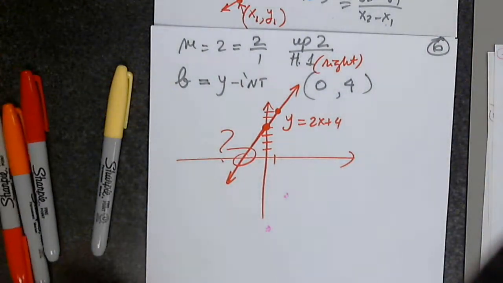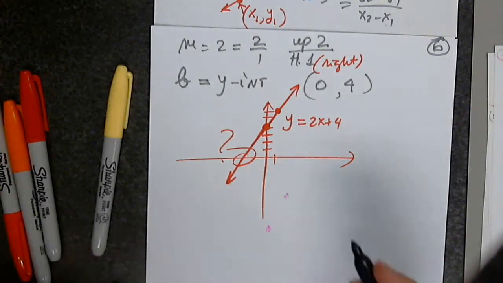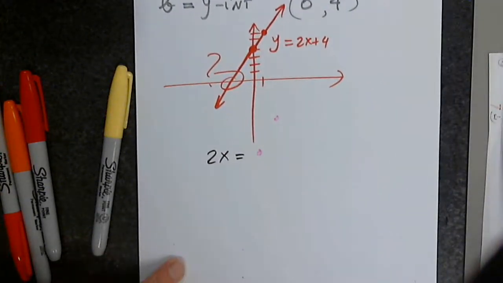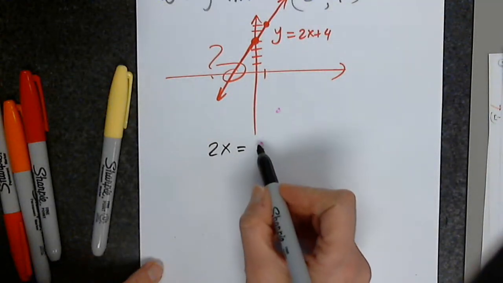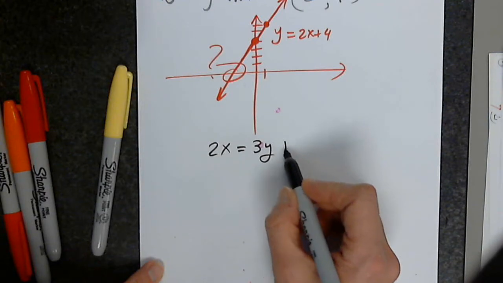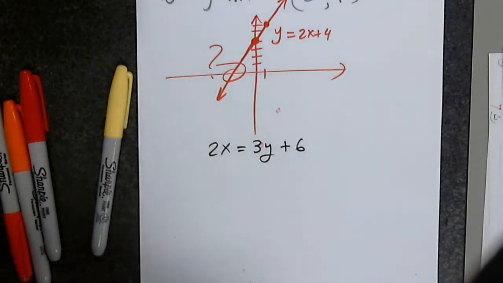Now, here's another example. Let's say 2x equals 3y plus 6.